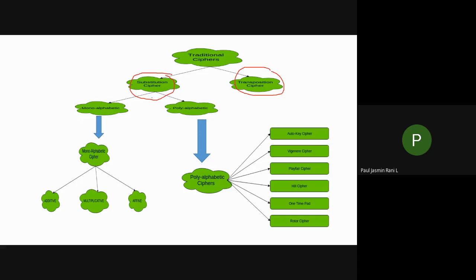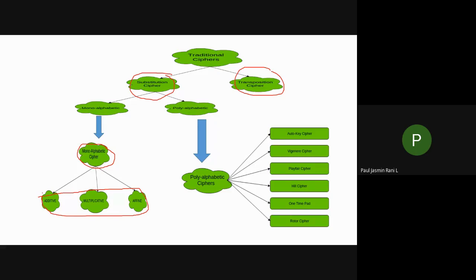For the substitution method you have two types: monoalphabetic and polyalphabetic. We already discussed this. Let's see monoalphabetic first. Monoalphabetic means for a single alphabet you will always have only one alphabet to replace it. For this you have three types: additive, multiplicative and affine. In all these techniques, you only have to remember that the formula changes; other things are common.